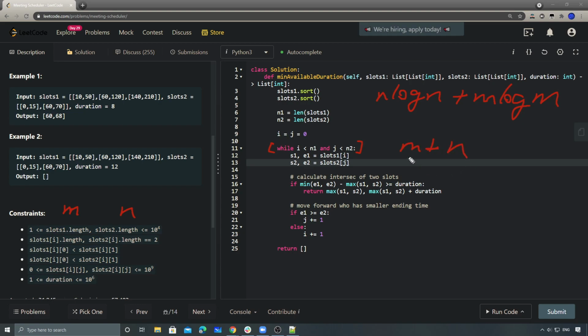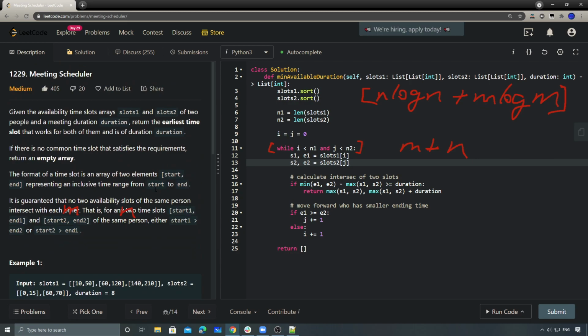Obviously the sorting takes precedence, because it has a higher runtime.